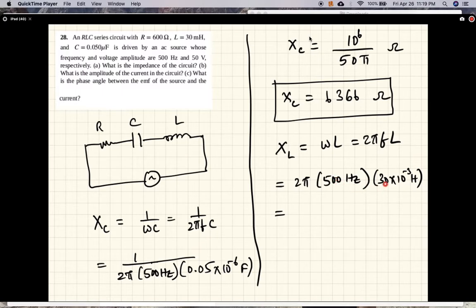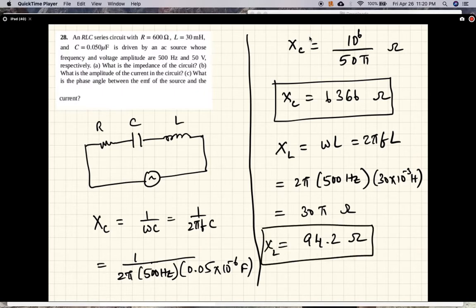There's 2 zeros and 1 zero, that kills that, so 15 times 2, 30 pi ohms. So this is 94.2 ohms. XL is that. Alright, so looks like in this circuit XC is the largest impedance.